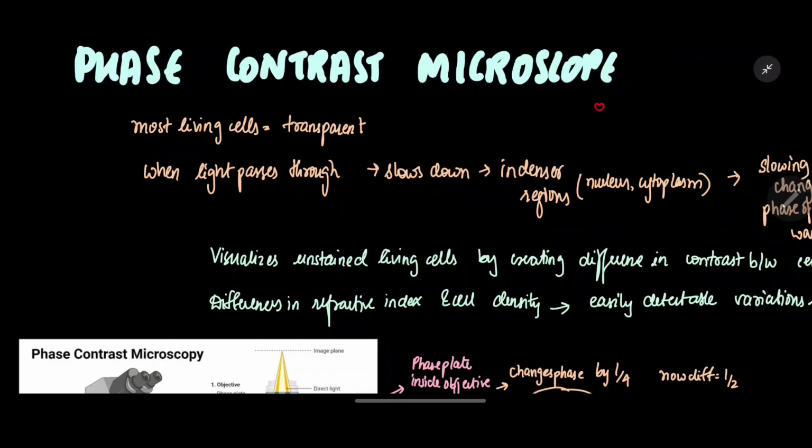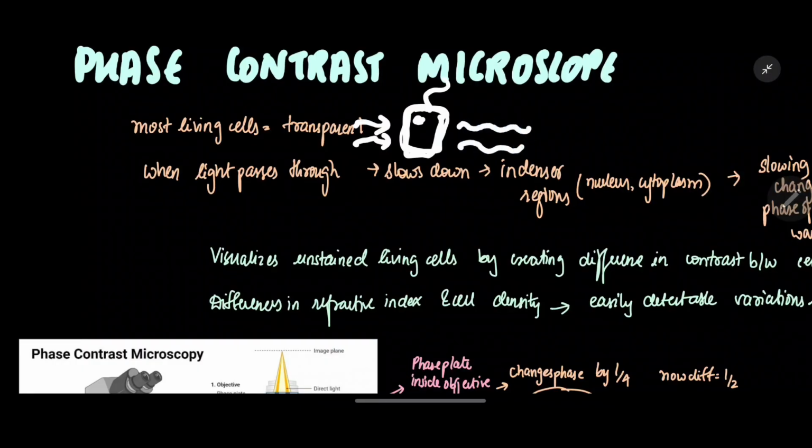We are still going to observe these microorganisms with just light differences. When light passes through, let's say a bacteria, it passes through different organelles like the nucleus, the cytoplasm, the flagella, and everything has a different density, right? So the light was changing its path, getting a little slower, and the wavelength was changing. These things are not visible to our naked eye.